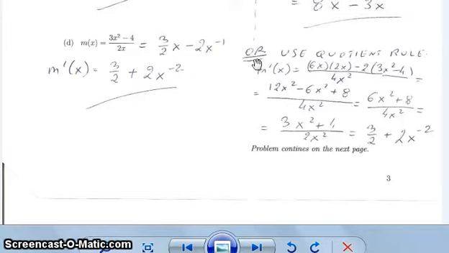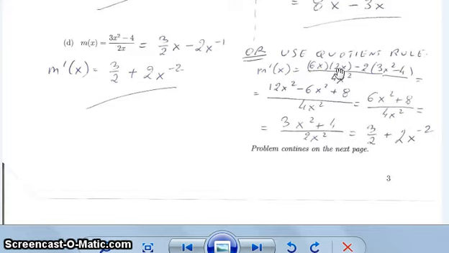Or if you use the quotient rule, so if you didn't simplify this function, then the derivative would be, the denominator is of course 4x squared, because you square the old denominator, and the numerator is, the derivative of the numerator is 6x.